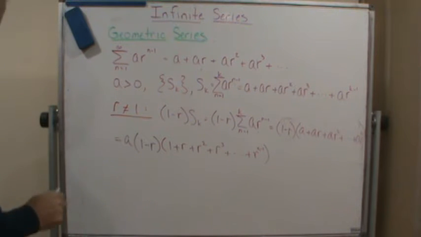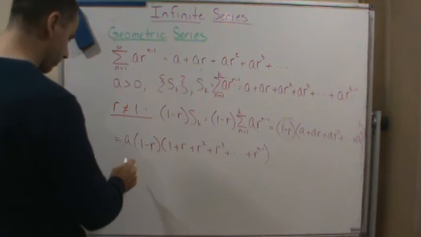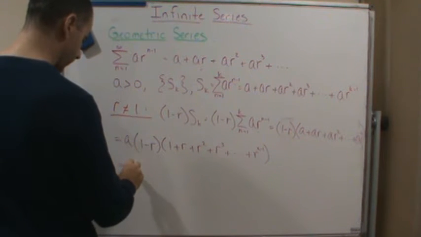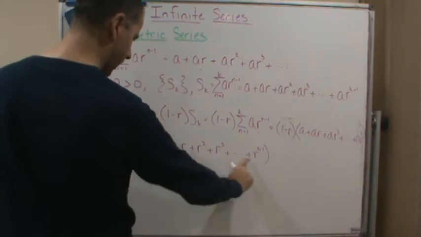Now, if I distribute this, what happens? I get A times, so distributing the 1, I just get this whole thing.